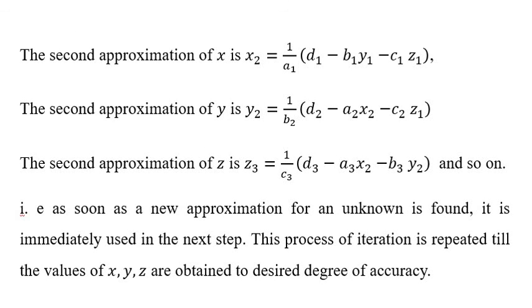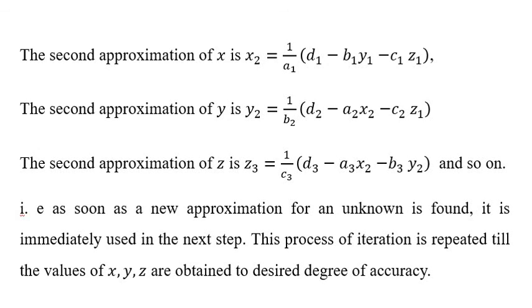Now to find the second approximation, x2, y2 and z2 are obtained by substituting the previous approximation values x1, y1 and z1. Here, as soon as a new approximation for an unknown is found, it is immediately used in the next step.